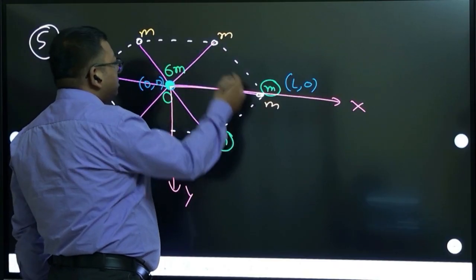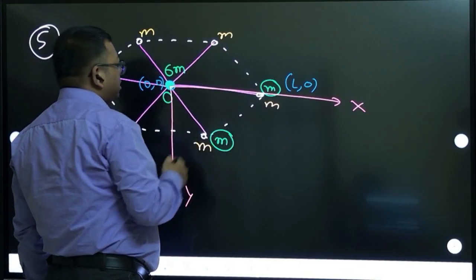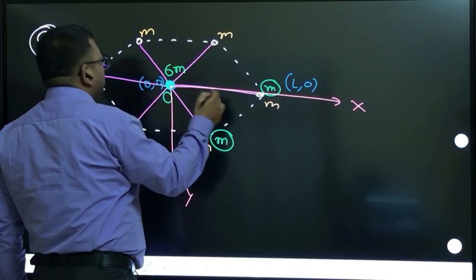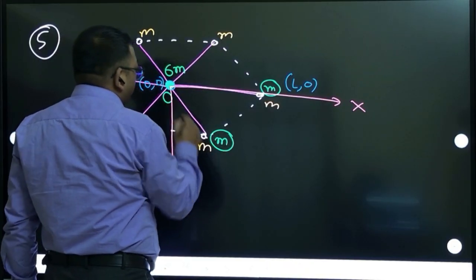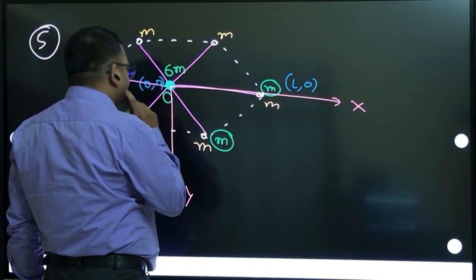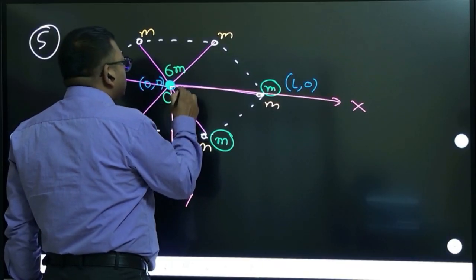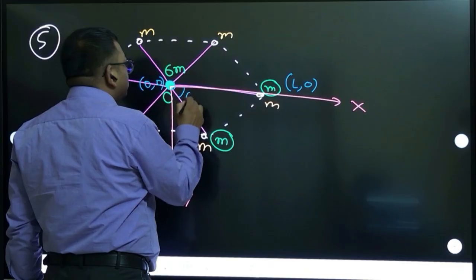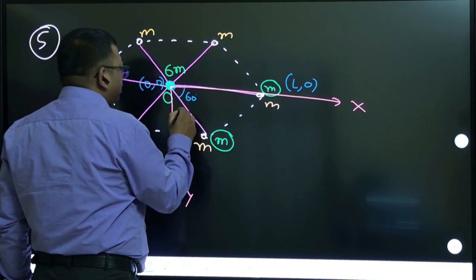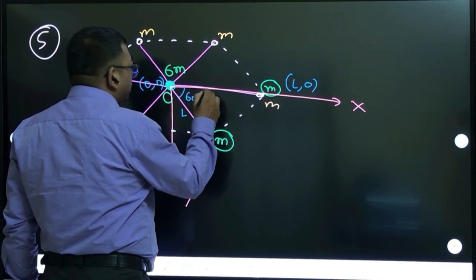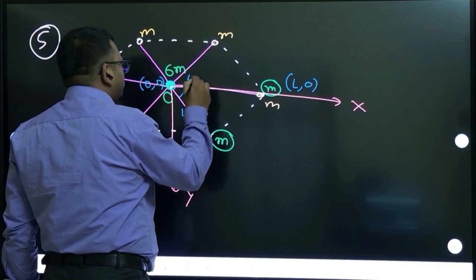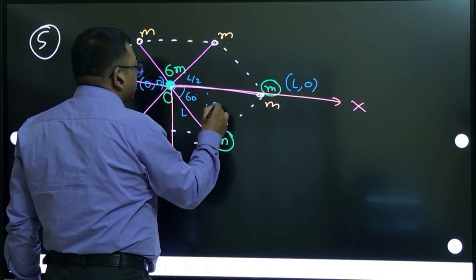So this is an equilateral triangle, no? So all these sides are equal. I think you should know that each of these are equal. So then for this coordinate, you figure out where it will be, because each of these angles will be 60 degrees. Suppose this length is L. So for this coordinate I can take the projection: this will be L cos 60 degrees, that means L by 2, and L sin 60 degrees, root 3 L by 2.